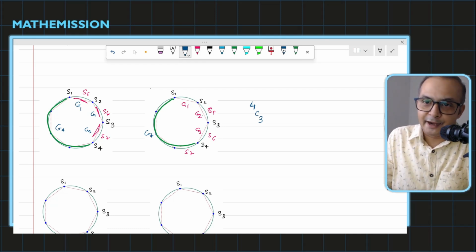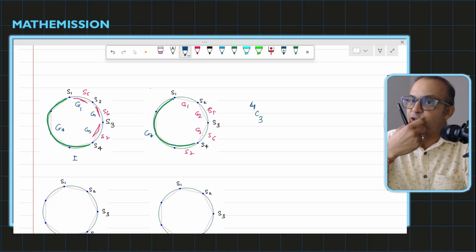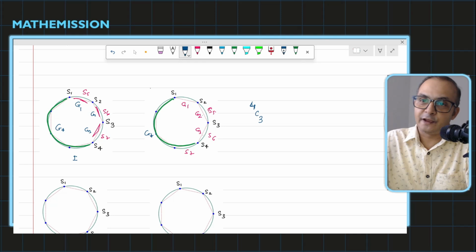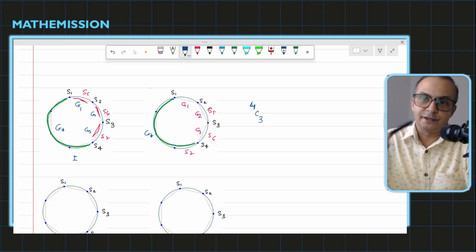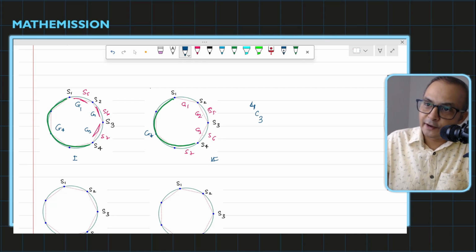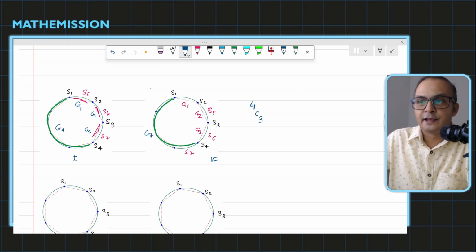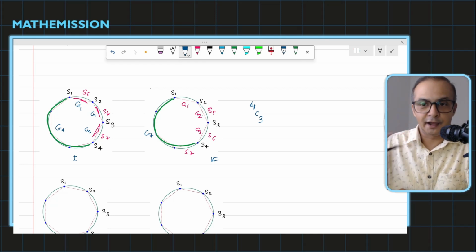Because in case 1, you have the chosen points S5, S6, S7, and the non-chosen points are S1, S2, S3, S4. In the second scenario also, wherever you place S5, S6, S7 in the other gaps, it gives the same choice, because S5, S6, S7 are chosen and S1, S2, S3, S4 are unchosen.